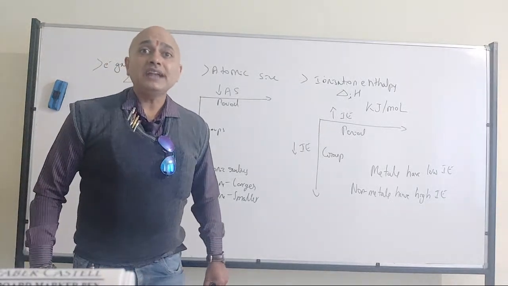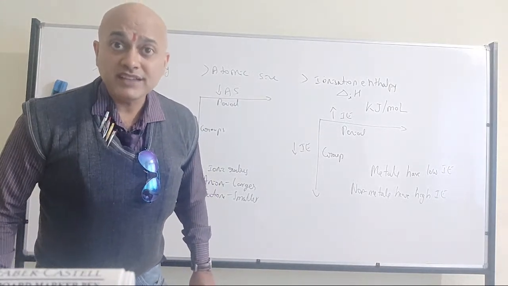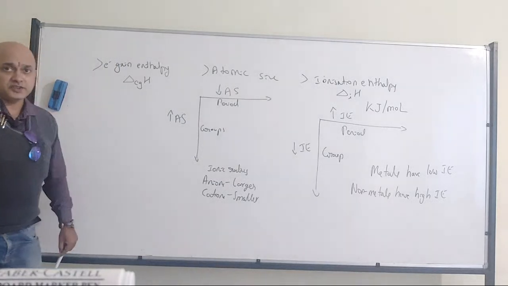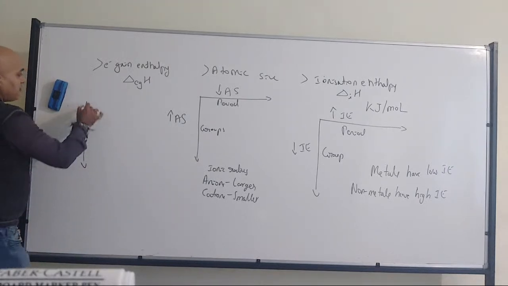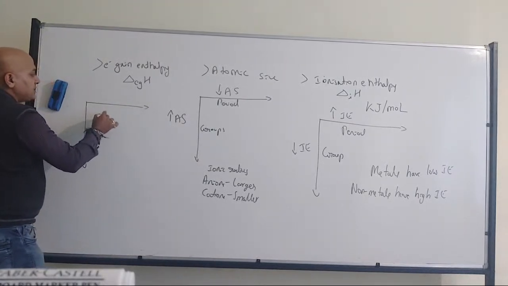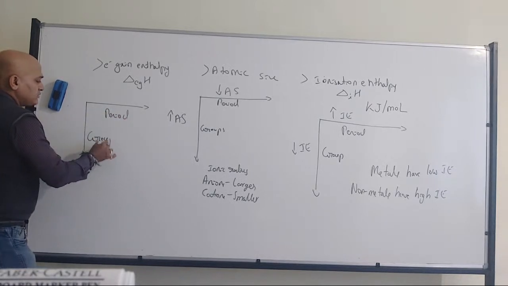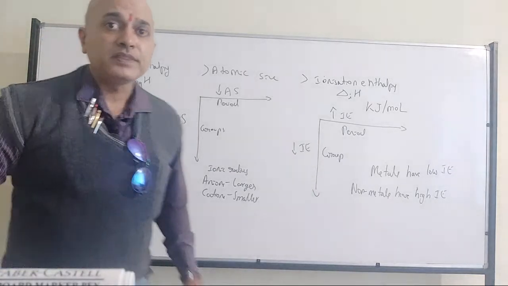So the neighboring atom is not going to have any effect on the atom in which we are interested. Therefore, we have to go with the gaseous state. Fine? Now if I want to plot the picture, period, and this is down the group, what will happen to the electron gain enthalpy?